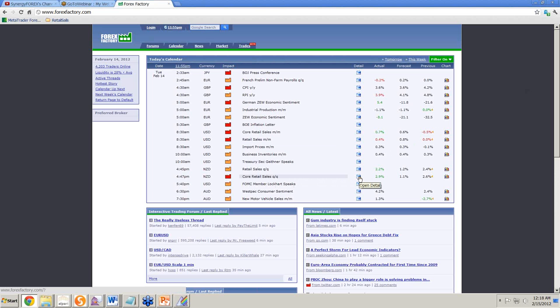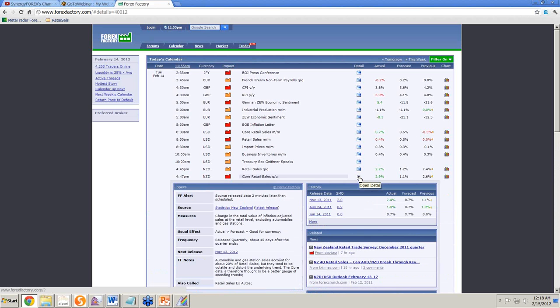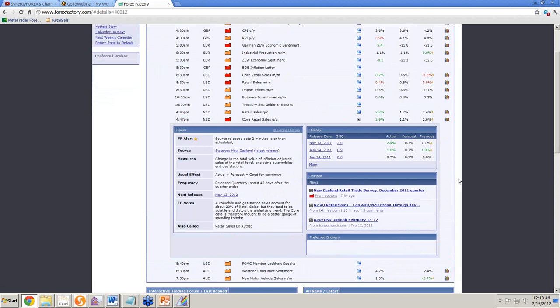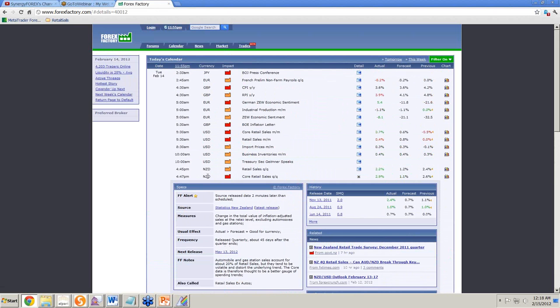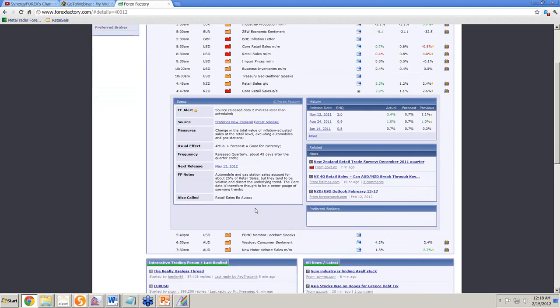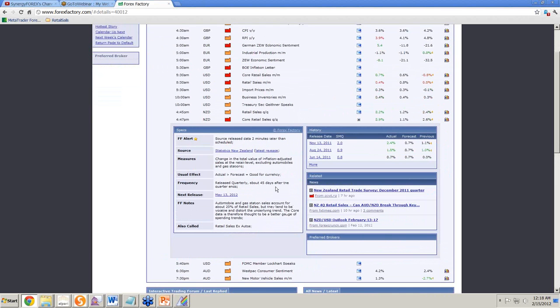If you need to know what that is, this website will show you exactly what everything means. It'll show you not only the country, like the currency, the news announcement itself, the forecast, and the actual, but it will also show you what it is.